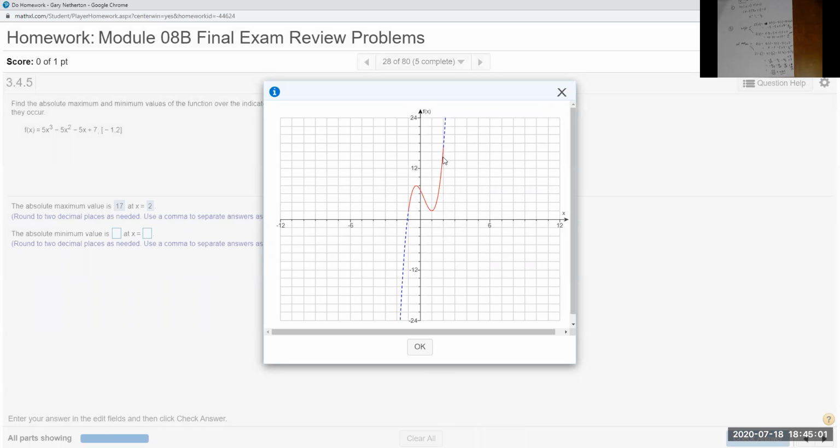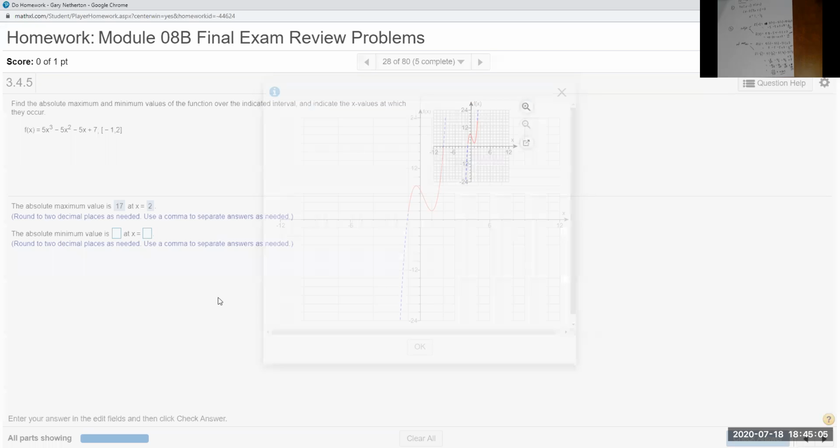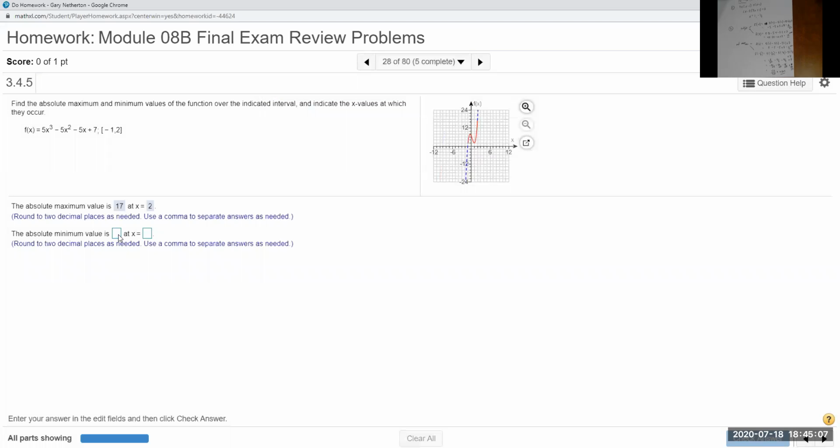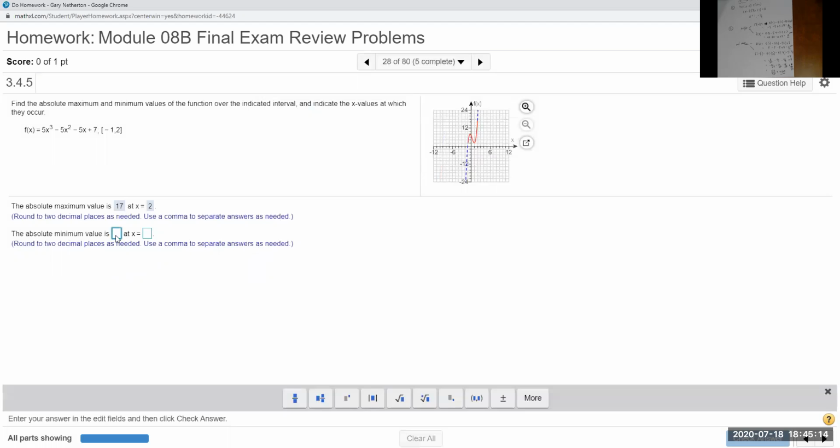Actually, turns out it's 17, which 14, 16 looks right, but would have been hard to just look and see. Use the comma to separate the answers as needed. So actually, the minimum is 2, and it occurs at -1 and 1.